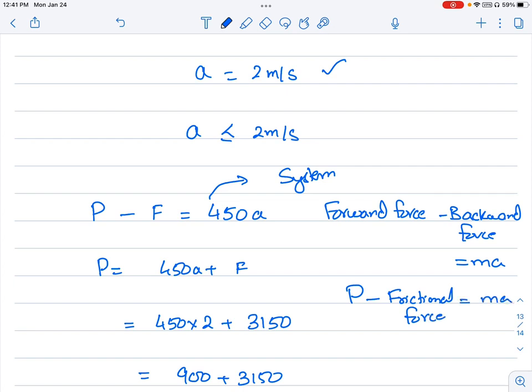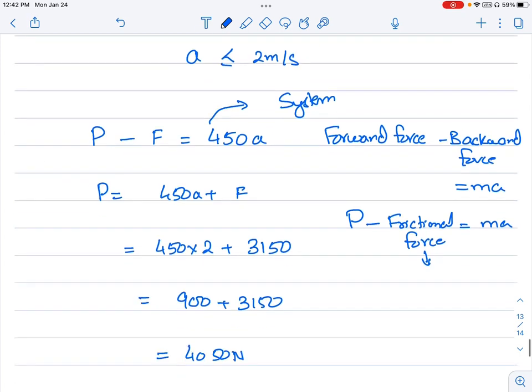So my maximum frictional force will be 3150, and ma is 450 times acceleration. Just now we have found that the maximum acceleration at which it can slide is 2 meters per second squared. So a is equal to 2. Substitute those values, and you should get the answer as 4050. That's going to be the answer.